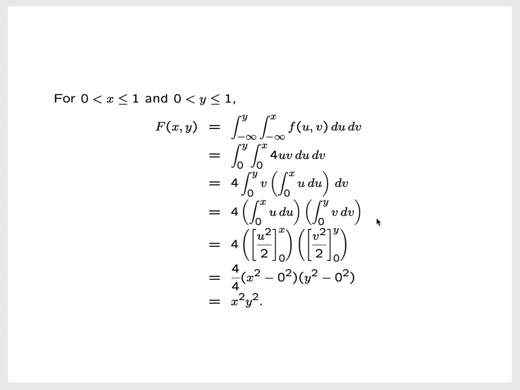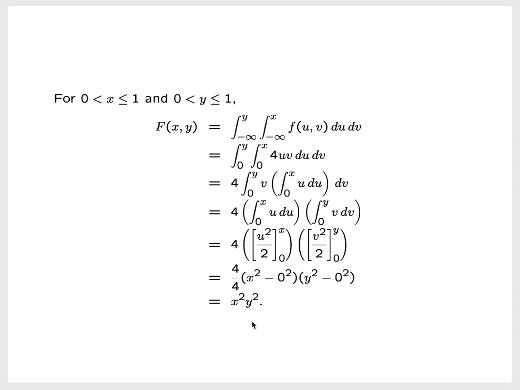We can then use the fundamental theorem of calculus to evaluate each one of these. And so we would have u squared over 2, evaluated at x and then 0, and we take the difference. Here we have the antiderivative v squared over 2, evaluated at y and then 0, take the difference. All right, and so we end up with, for values of x and y in the sample space of the bivariate random variable, the CDF evaluates to x squared times y squared.